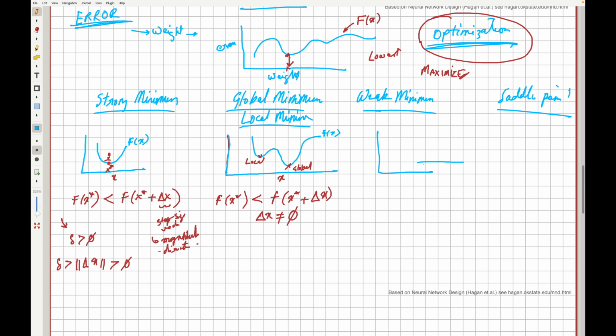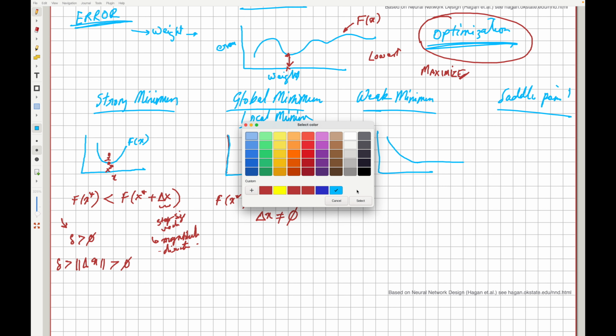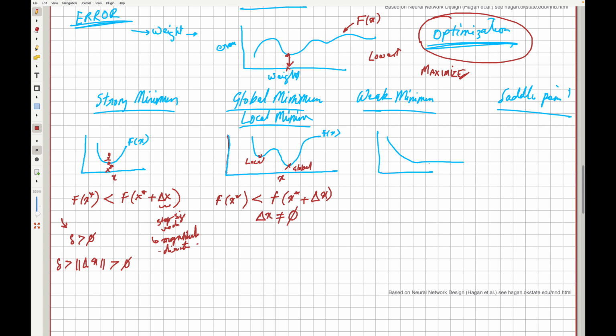Let's say this is a horizontal line, and maybe we go up here, and I'm standing at a point on this. It could be maybe somewhere here or somewhere here. This can be thought of as a weak minimum, and this is f of x.